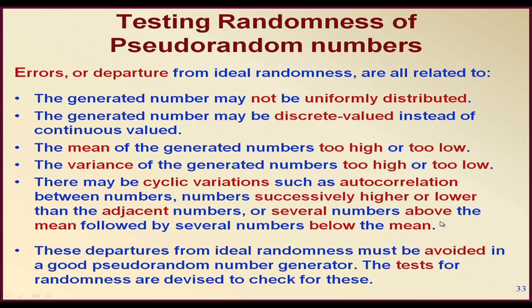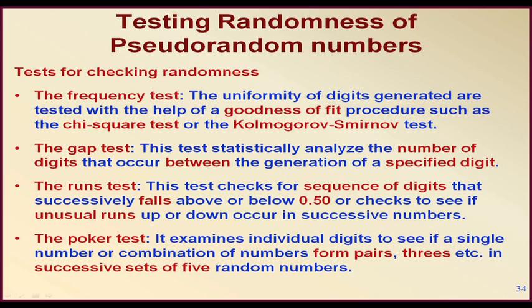All of these essentially tell us that the random numbers we have generated are not truly uniformly distributed if such departures from ideal randomness occur. A good pseudo random number generator should avoid such departures from ideal randomness, and that is why we carry out some tests for randomness. So, in our next slide we shall see all these tests.